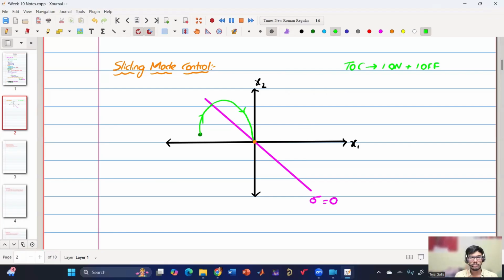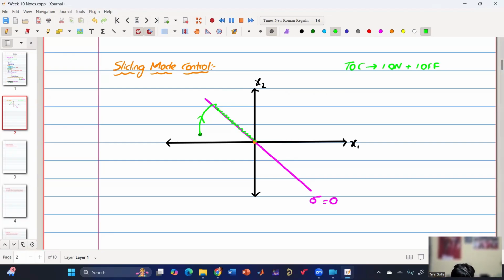This is my objective in time optimal control, where it hits this line during the on state, q equals 1, and then this is q equals 0. Whereas in sliding mode control, this trajectory will hit this surface, and then it will move along the surface towards the equilibrium point.